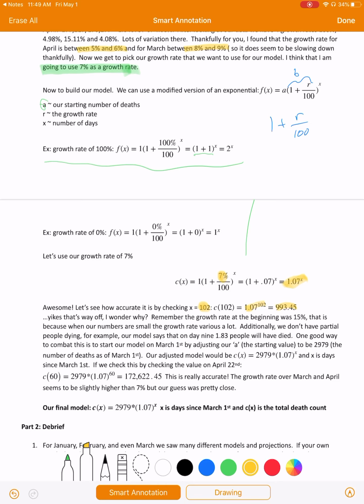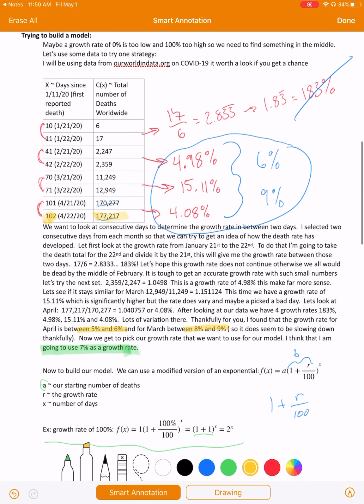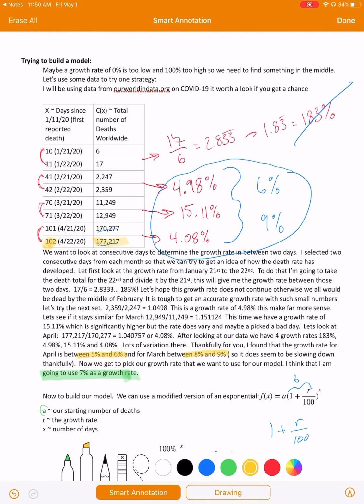There was 2,979 deaths. So we're going to change our A value for that, keep the growth rate and everything else the same. And if I once again check March 22nd, which is now the 60th day of our model, just because we moved it up, we get that there should have been 172,000 deaths. And if you look, we had 177.